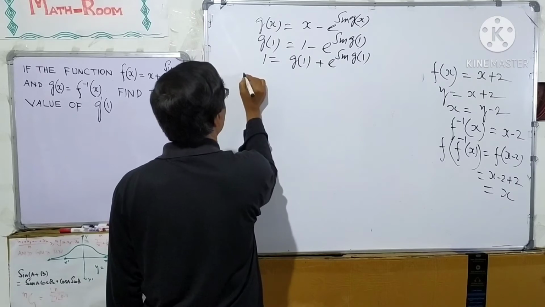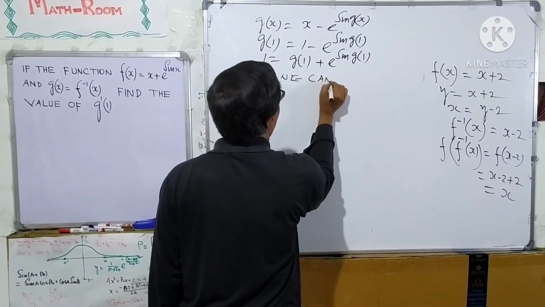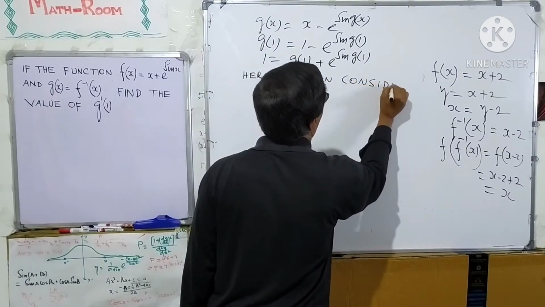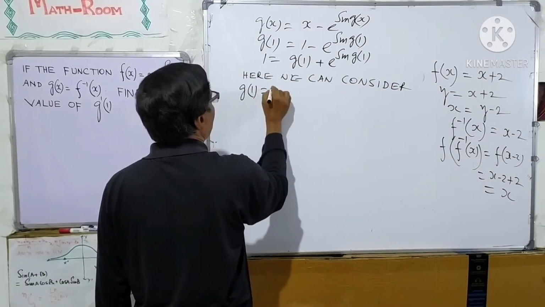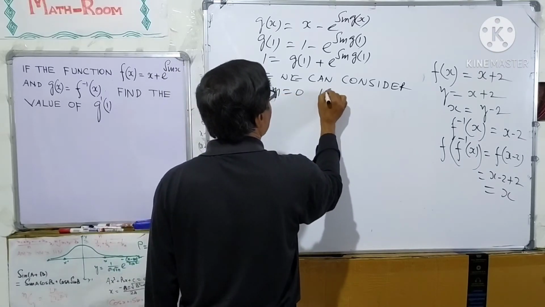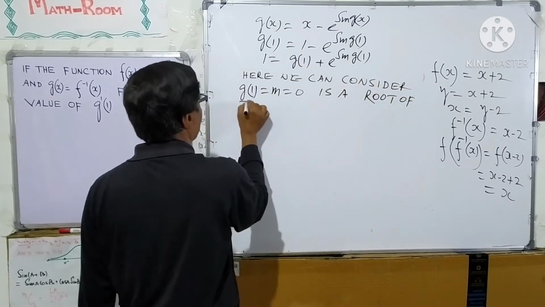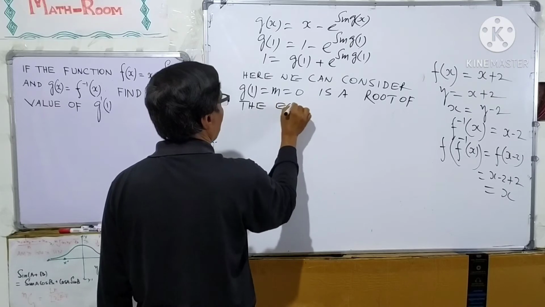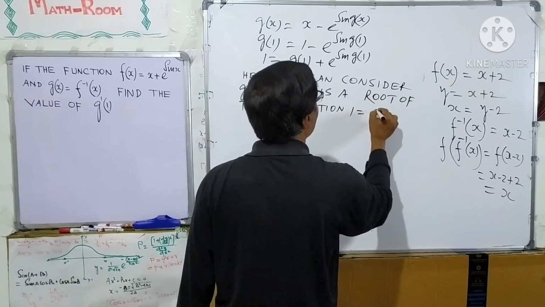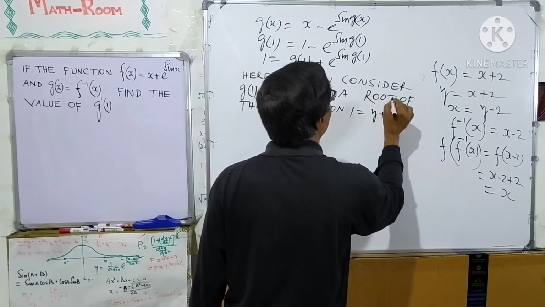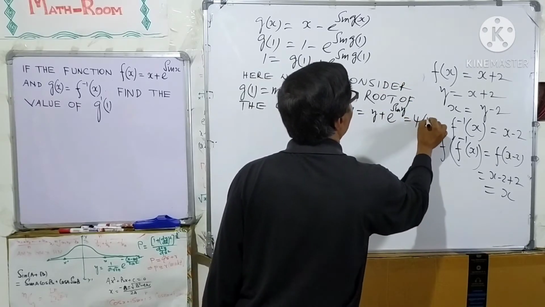Here we can consider g1 equal to m as a root of the equation 1 equals y plus e to the power sin y, which is psi y.